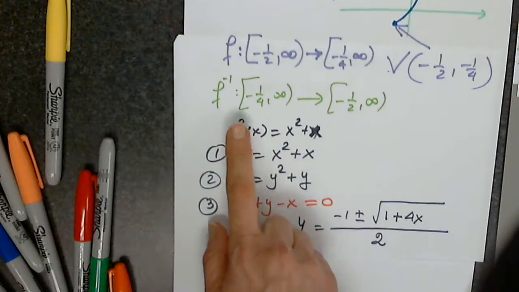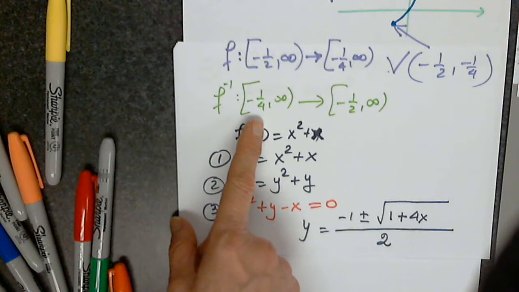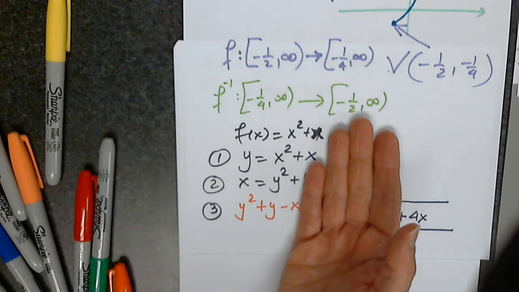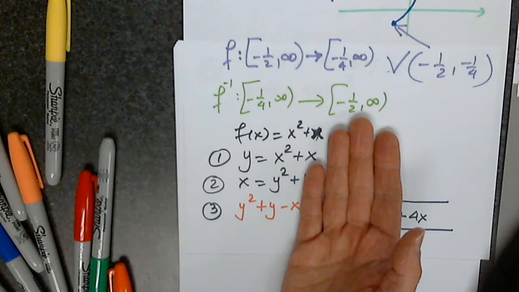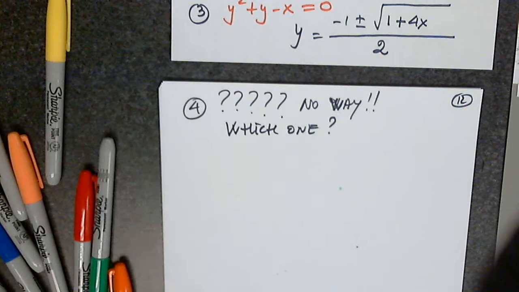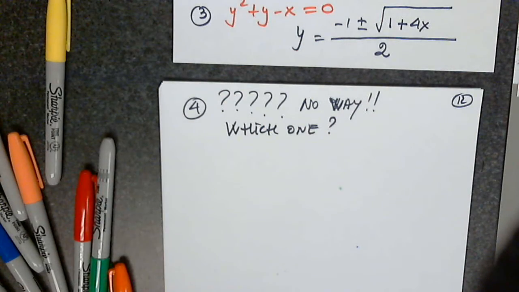Obviously, the domain has to be 1 plus 4x greater than or equal to 0, which it is. But what type of answer do I have to have? A number greater than negative 1/2. Which of these two is not a number greater than negative 1/2? Exactly, they're both minuses, because I already have negative 1 minus another quantity.